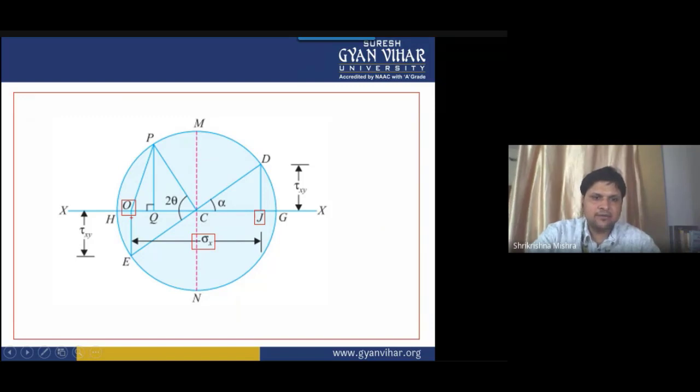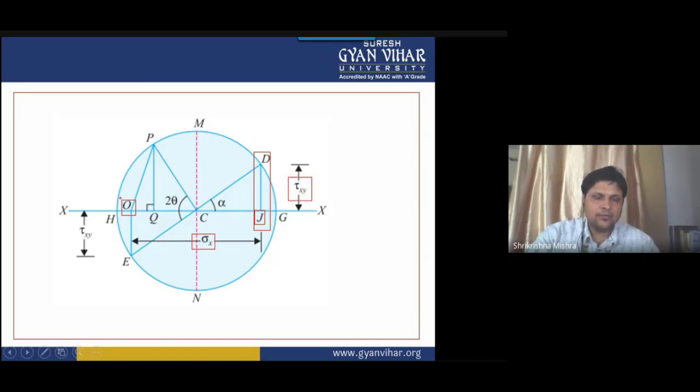Directly what we will do here, there is shear stress, and its nature is clockwise. Clockwise is taken as positive, means positive shear stress is taken above the x-axis. So from J we have drawn the vertical line above, and this is representing your tau xy.